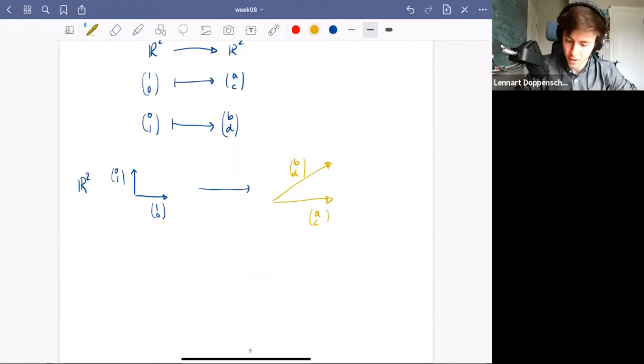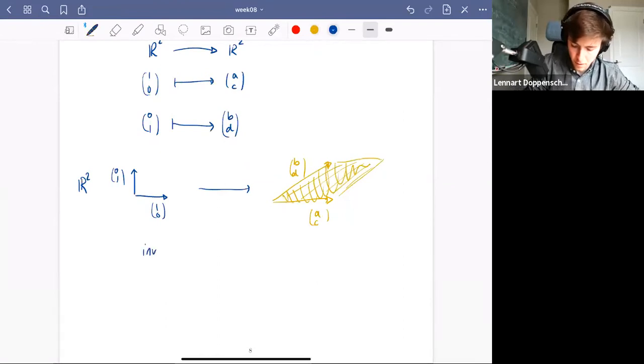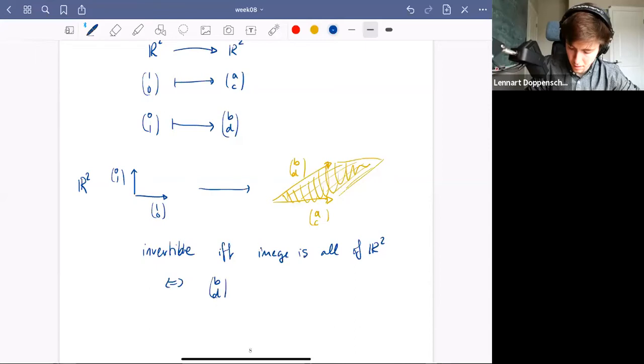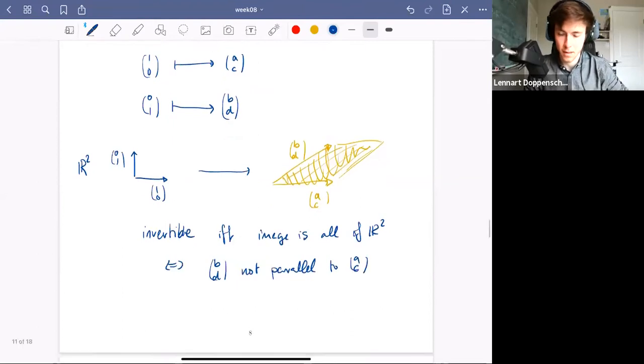There's some parallelogram associated to this. So this is invertible if the image is all of R2, and this is equivalent with saying that BD is not parallel to AC. These are the two image vectors of the basis elements.